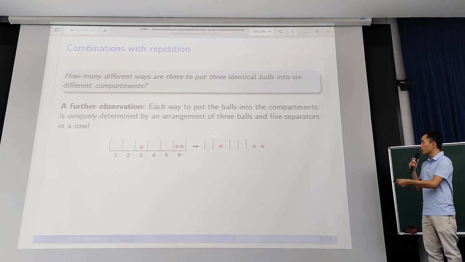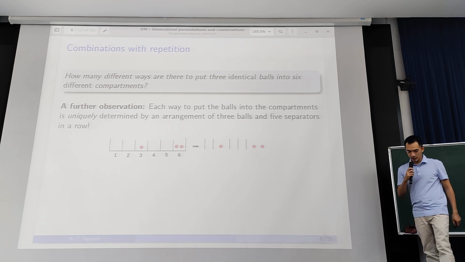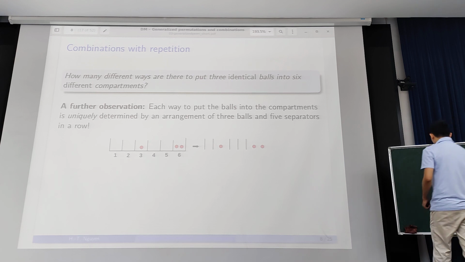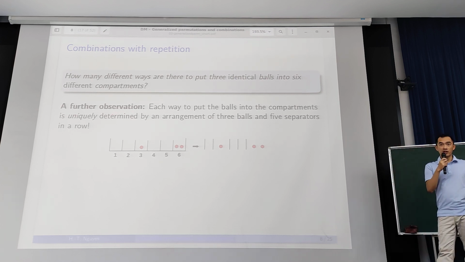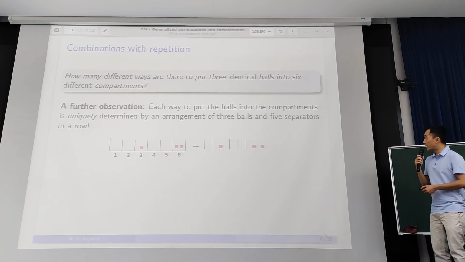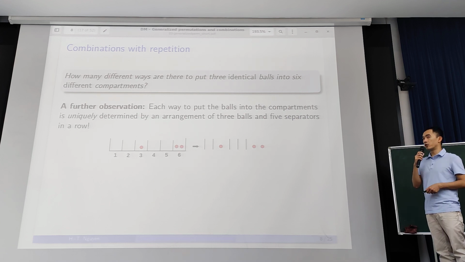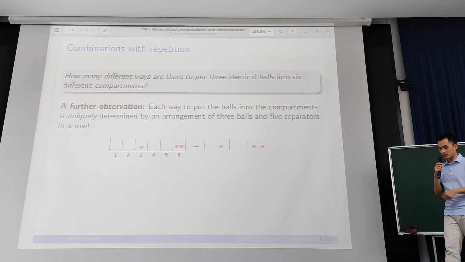Whenever we have another separator, we increase the box number by 1. Now you have a unique representation of each outcome by an arrangement of the separators and the balls in a row.